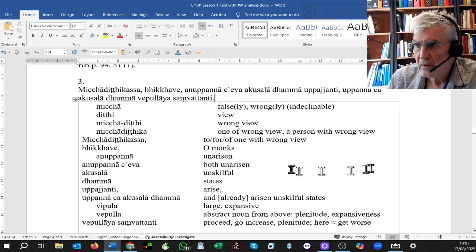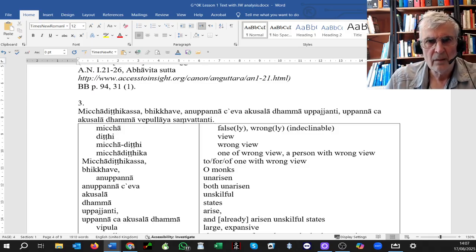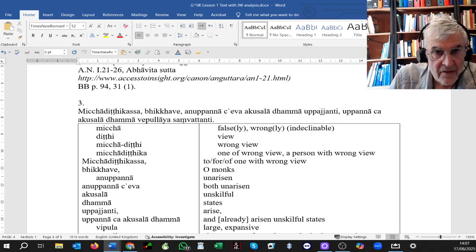So let me just call it down. Here we are. So, akusala dhamma, kusala we know, skillful, akusala dhamma, unskillful states. So for a person of wrong view, micchaditthikassa, akusala dhamma uppajjanti, unskillful states arise. Now what it says, anuppanna, uppanna is something that has arisen.